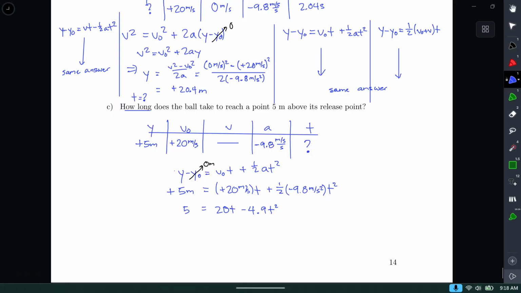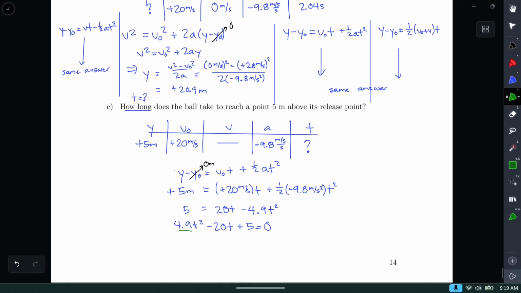How do I do that? Subtract 5 from both sides and then solve it as a quadratic equation? Unfortunately, yes. And just so I have a positive number out front, it's just a thing in my brain that likes to happen, I'm going to move everything over to this side, so it'll be 4.9 t squared minus 20t plus 5 equals 0.